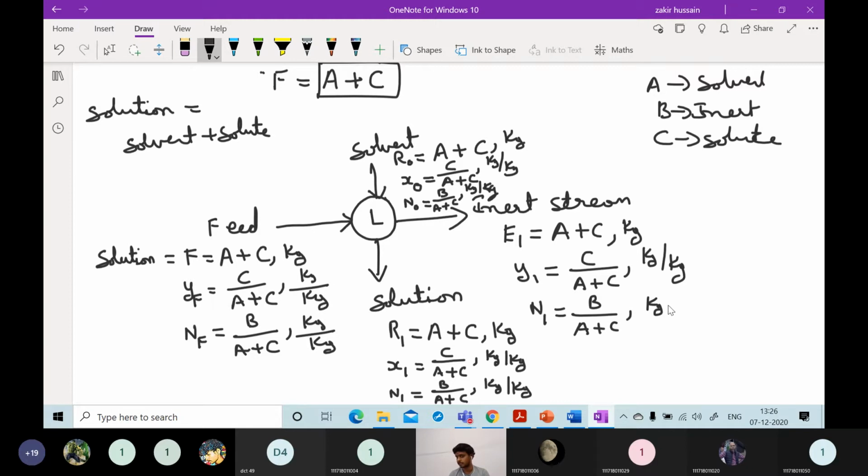So kg per kg. So quickly I will summarize this. First, the solid is composed of B plus C, inert plus solute.